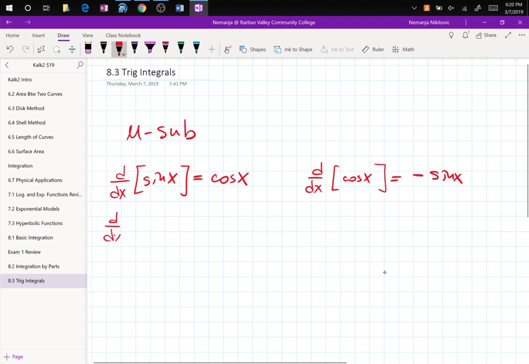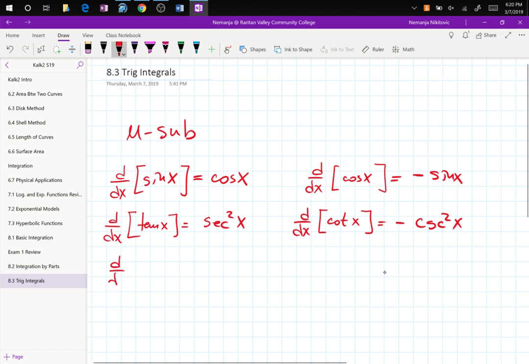The derivative of tangent x is secant squared x. And the derivative of cotangent x is minus the cosecant squared. The derivative of secant x is?